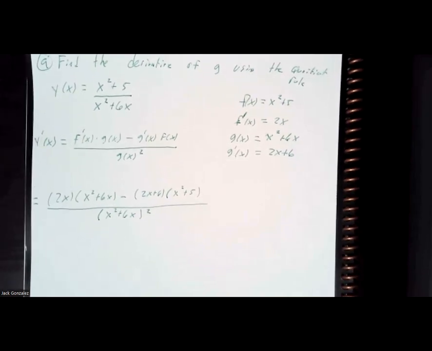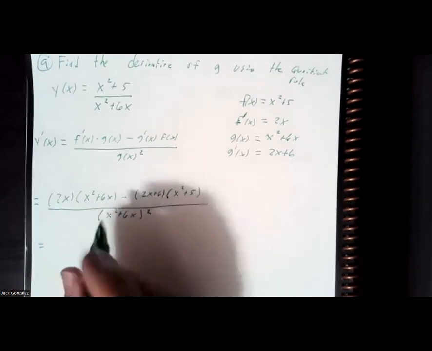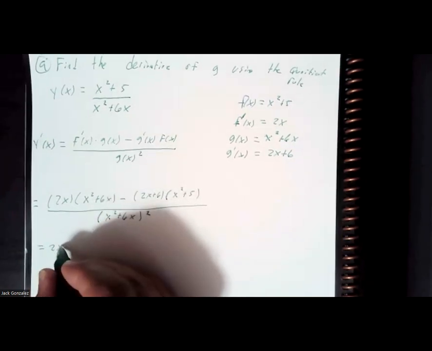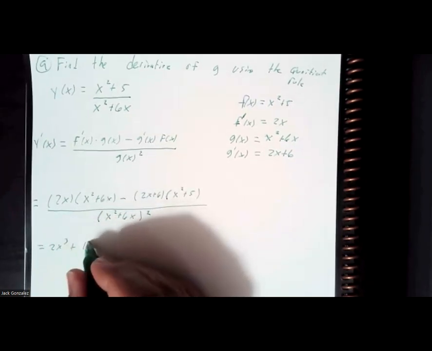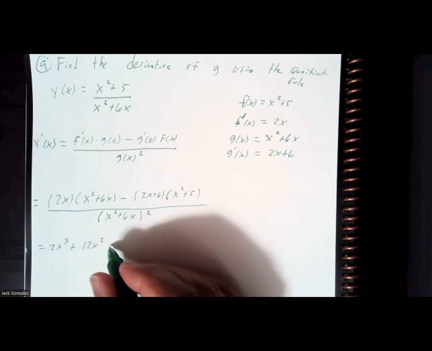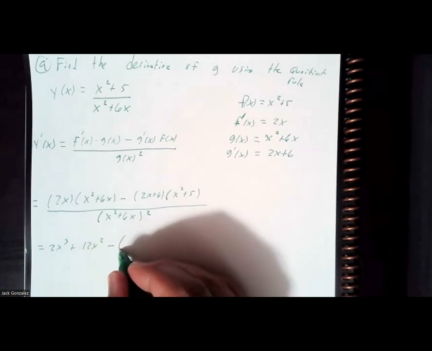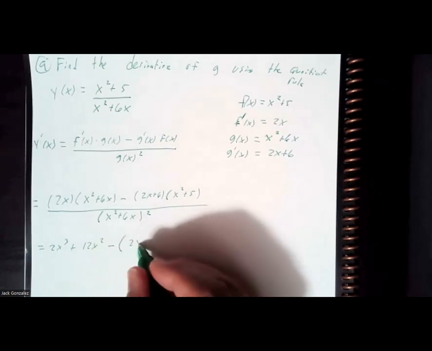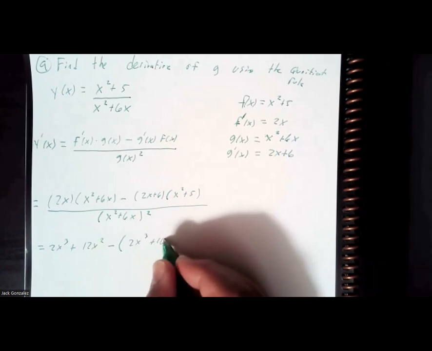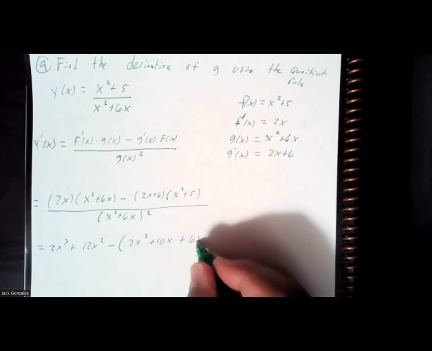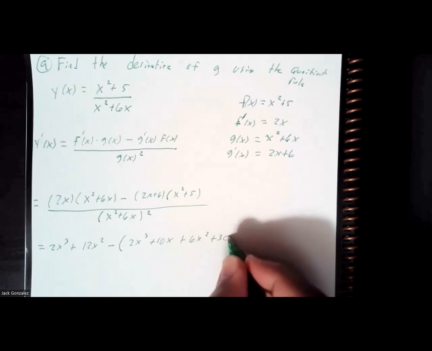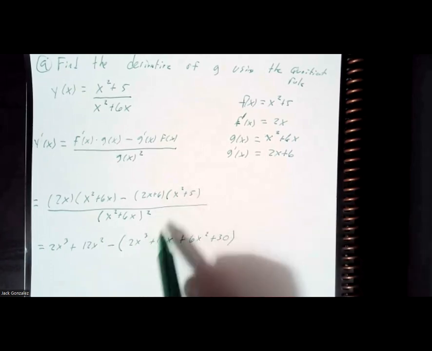Okay. Distribute, we'll have 2x cubed plus 12x squared minus the result of 2x cubed plus 10x squared plus 6x squared plus 30. Right?